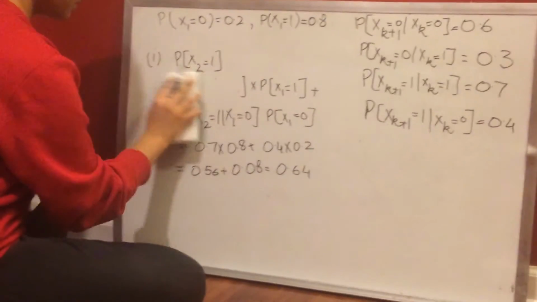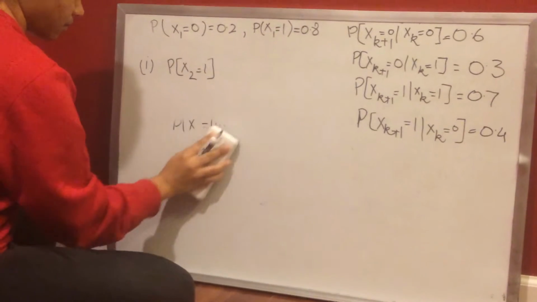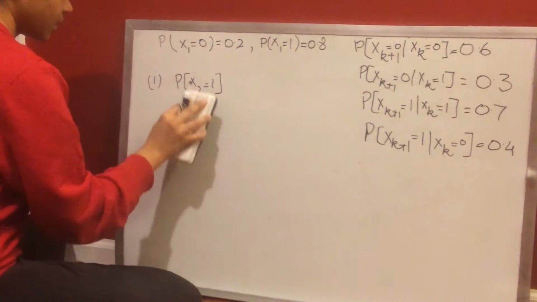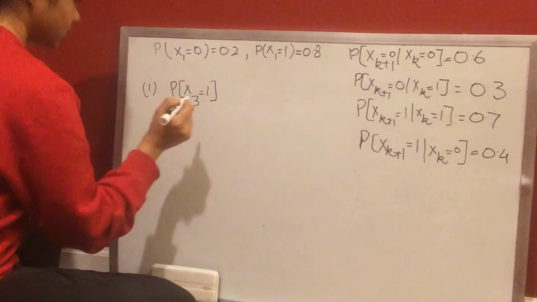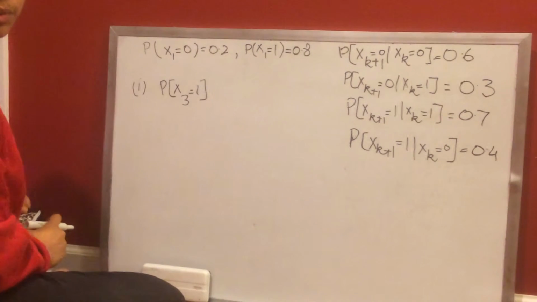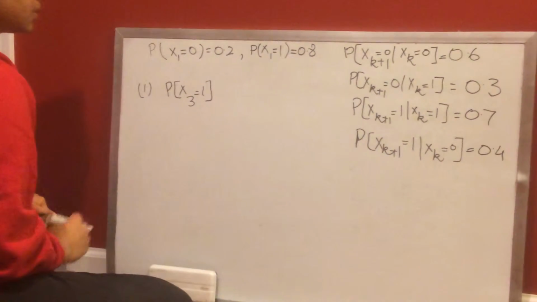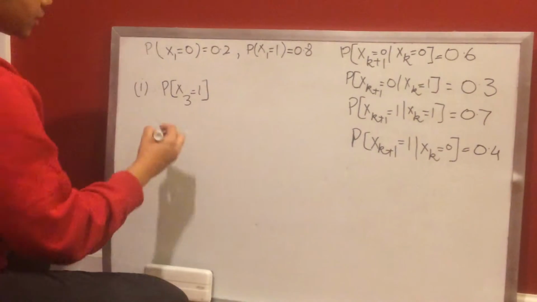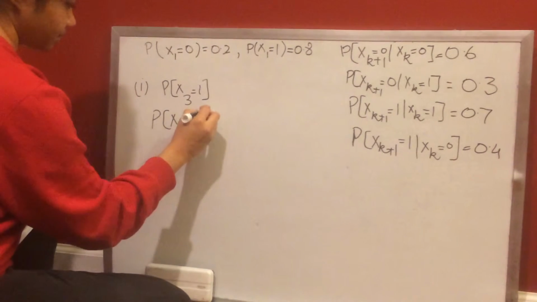Now in the second part, we need to find the probability of x3 equals 1. In order to find the probability of x3 equals 1, we will use a similar approach to the one we used in the first part. But here, in order to use that approach, we need to find the probability of x2 equals 0.